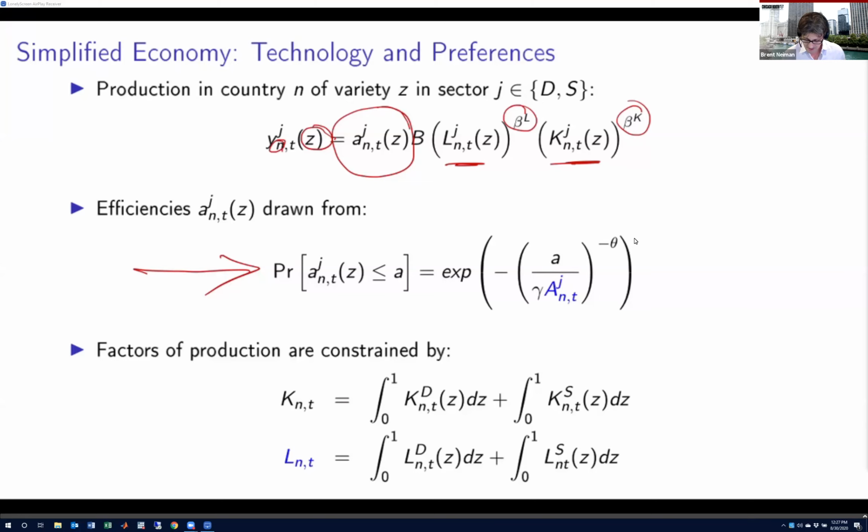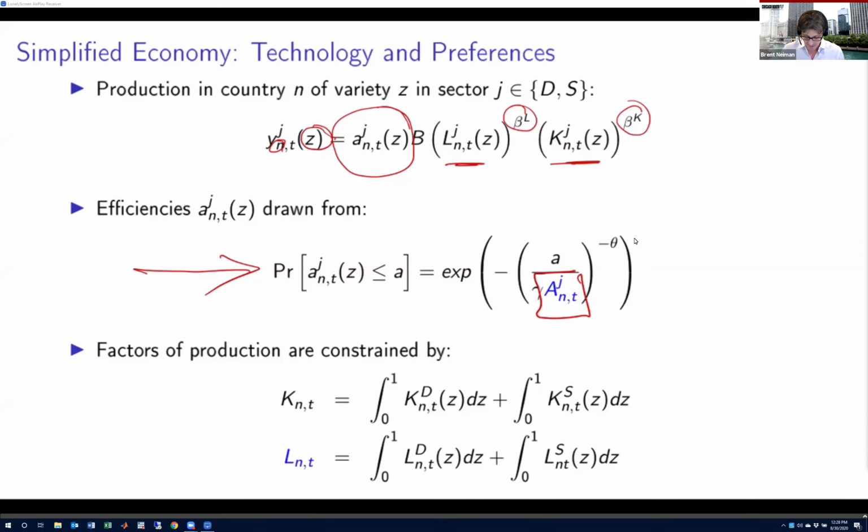And this gives us the second structural disturbance, which is this capital A term. What that is is a shifter of the distribution. You can think of it like country N's productivity level in sector J. But formally, structurally, it will enter the microfoundation of the macro equilibrium in this way, as a parameter of that country's distribution from which it draws its productivity.